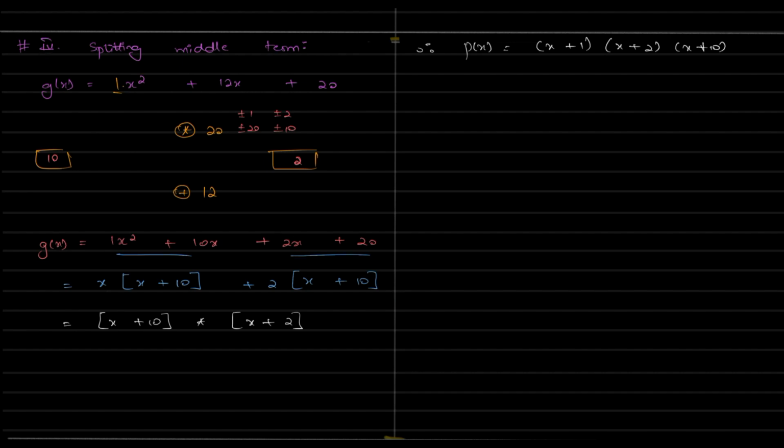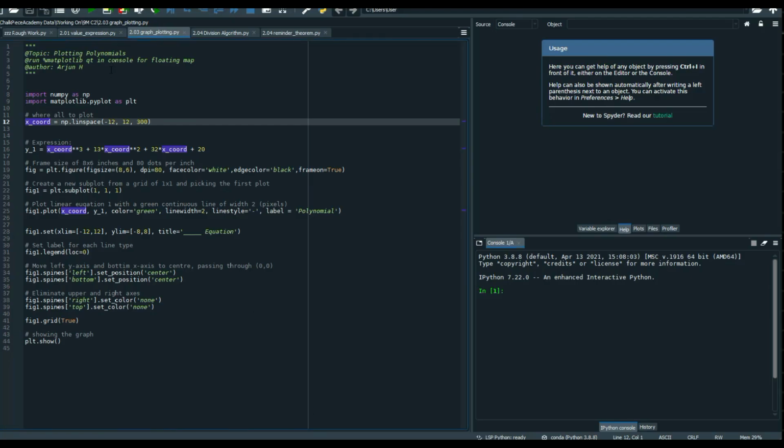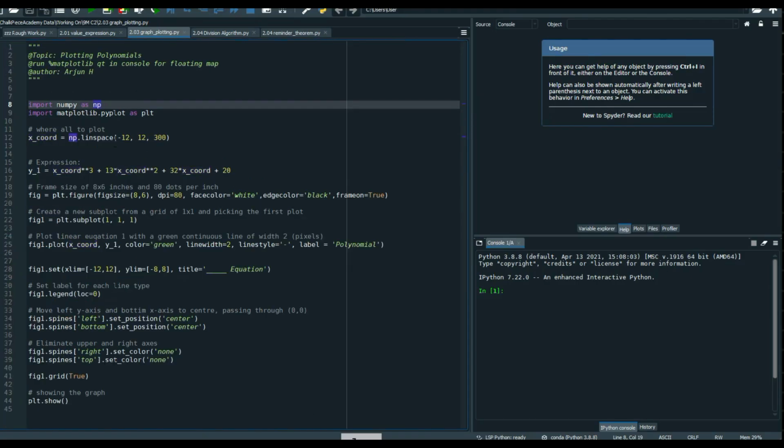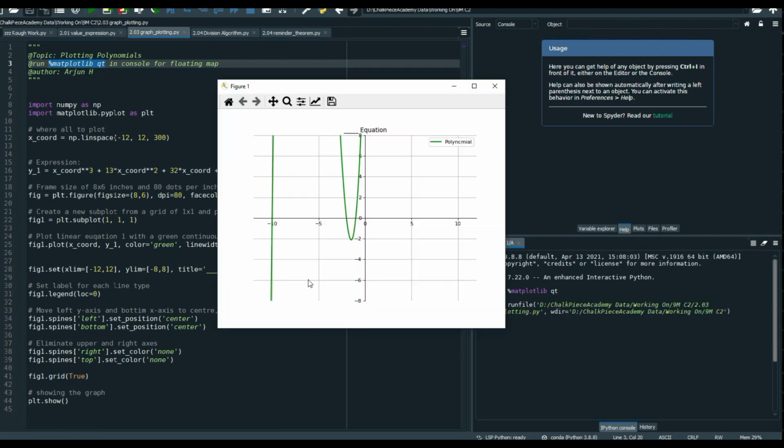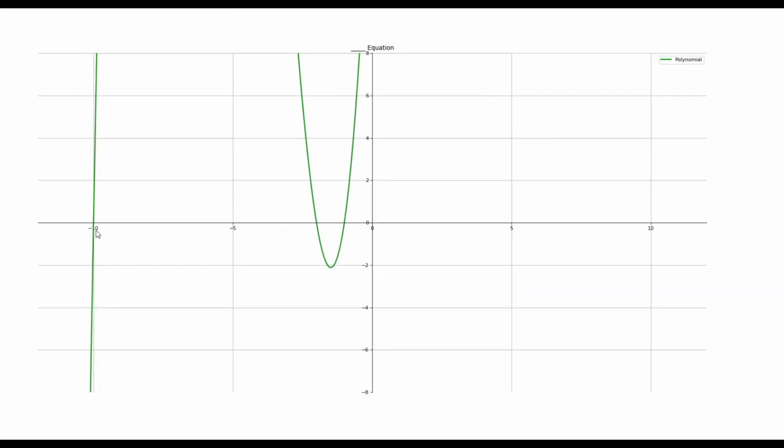Just for extra knowledge, the zeros of polynomial p of x are minus 1, minus 2, minus 10. So graphically, what does that mean? The expression has been typed in. So graphically, the graph will pass through minus 10, minus 1 and minus 2.